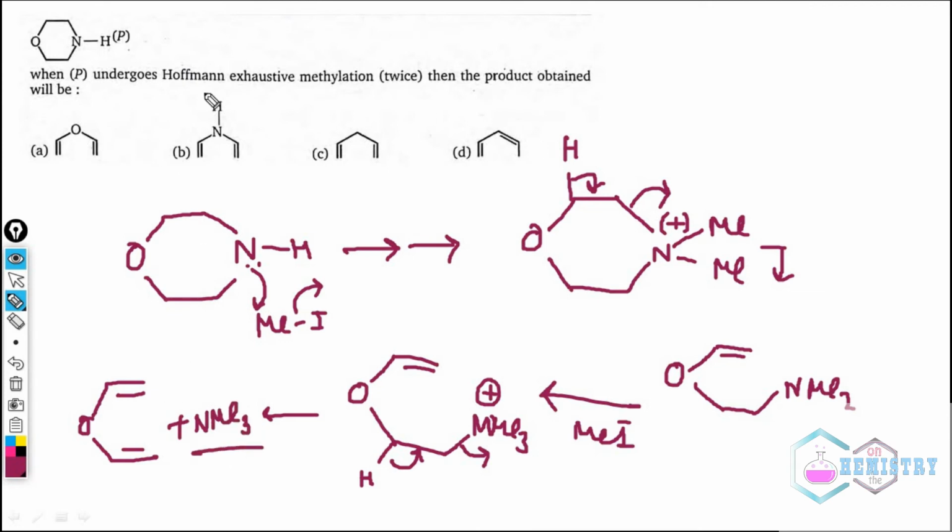So among all the structures, only A matches, so A will be the correct answer. So in Hofmann exhaustive methylation, one after another methyl group gets added to the nitrogen and the carbon-nitrogen bond gets dissociated. This is what happened out there. Okay, nothing much.